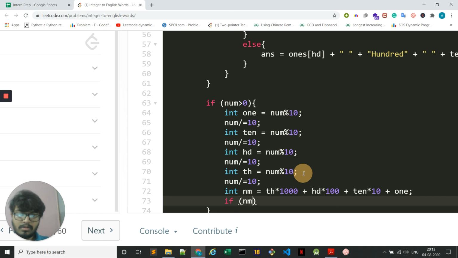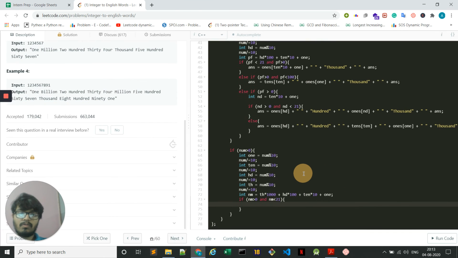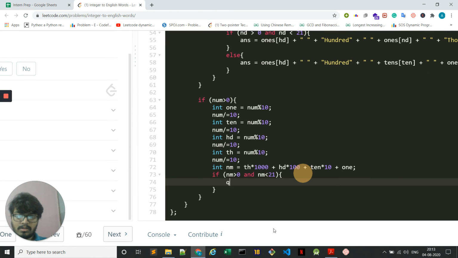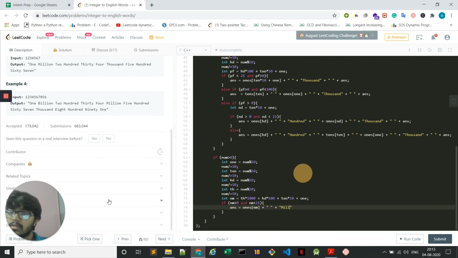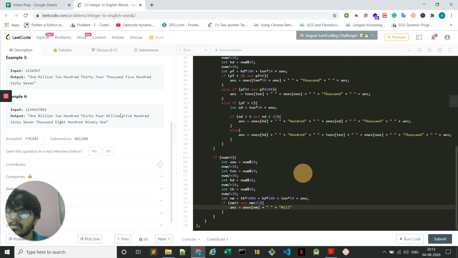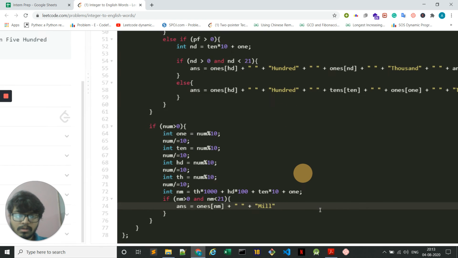So if nm is greater than 0 and nm is less than 21, then the answer is quite simple, and that is: answer is equal to ones of nm plus answer.